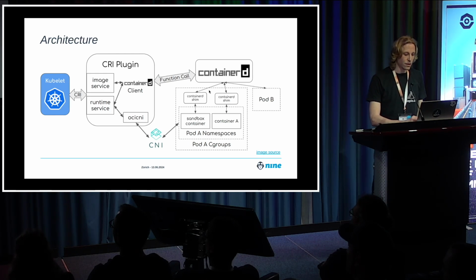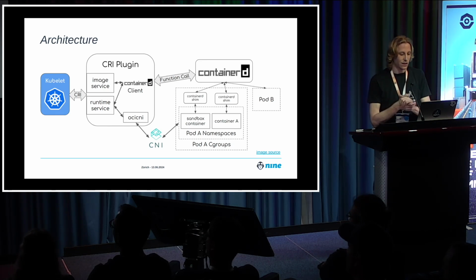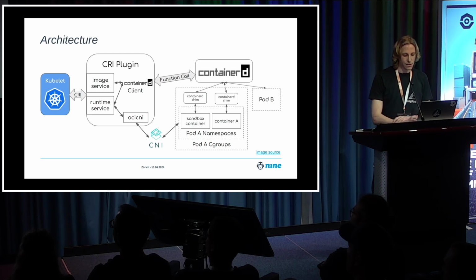It makes pipes for the logs, and it also makes stuff like exec possible. So if you exec into a container, the shim binary will actually be executed and receive a command. And this is the part of the architecture that I've modified so far. We'll have a look at that later.